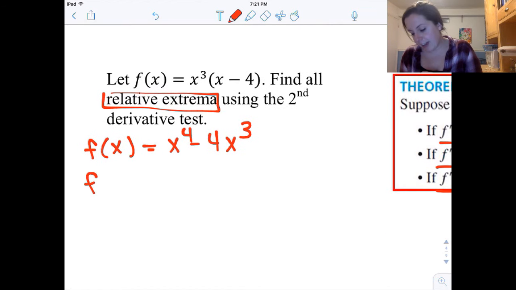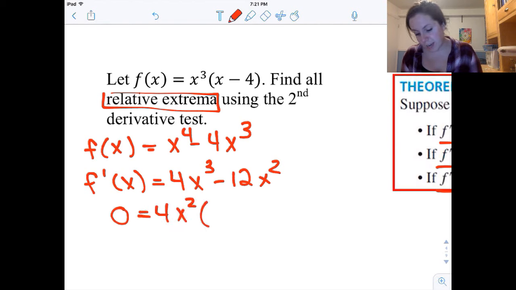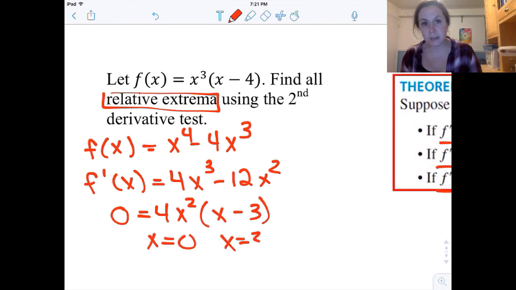And f prime then is going to be 4x cubed minus 12x squared. So I can at least set this equal to 0 now. Take out a 4x squared, so that's x minus 3. So my critical values are at x equals 0 and x equals 3.